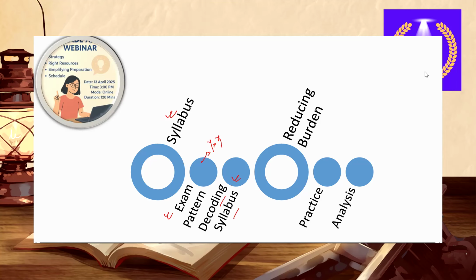And the most important part of this webinar is to reduce the burden: how we can reduce the burden, how we can reduce our study material. Because many times when we talk with the aspirants, they have the same issues.